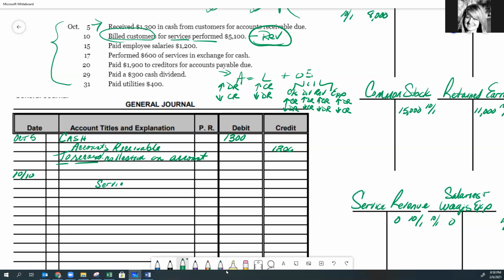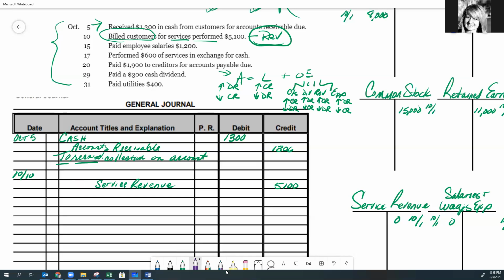Yes, I am skipping a line and putting the credit down one line and leaving room for my debit, and that is 5,100. Please notice I indent both the account name, and I have also indented the credit on the right. So they both need to be on the right.